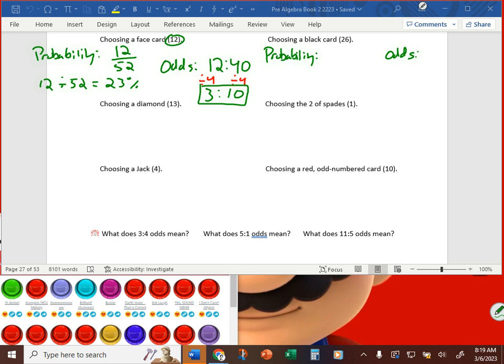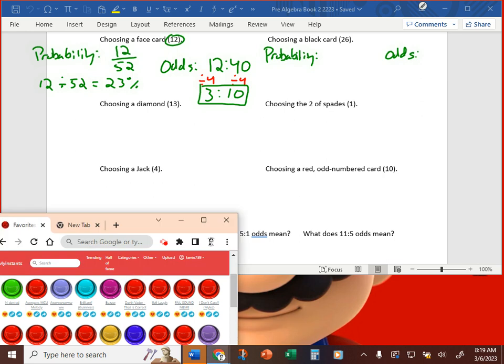Who's confident? What is the probability of picking a black card as a fraction first? 26 out of 52, right? Yeah. There are 26 successful, 52 possible. So 26 out of 52 cards would be black.